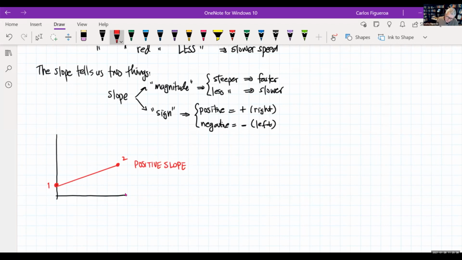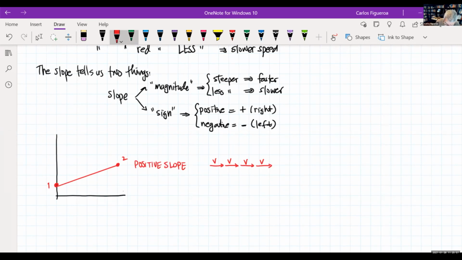A positive slope means this object is moving to the right in this direction, right? And because it's a constant slope, of course, it has that speed.